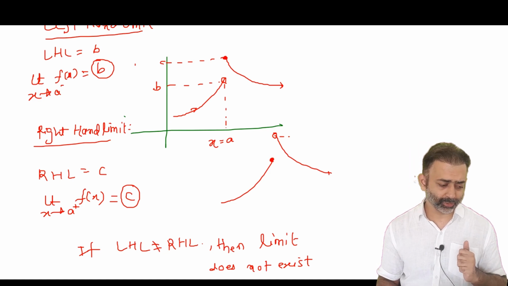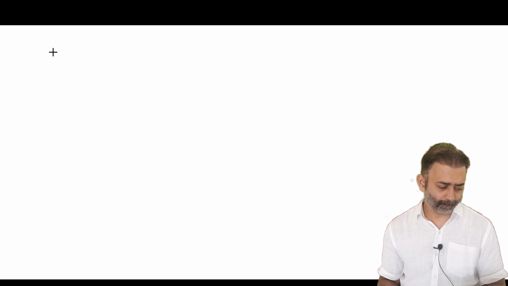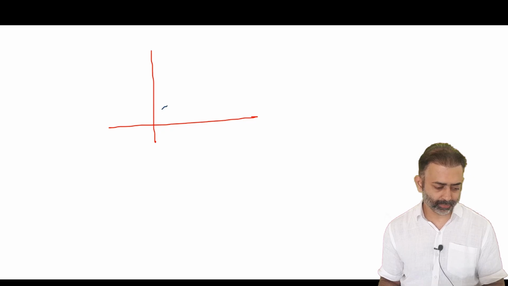Let us consider the second case also. Suppose we have a function like this. This is point A, or I should take the value as this is 2, this is 3, and then this is 4.